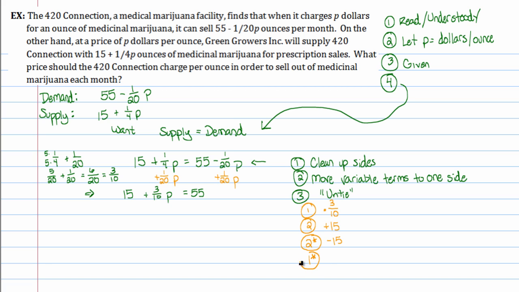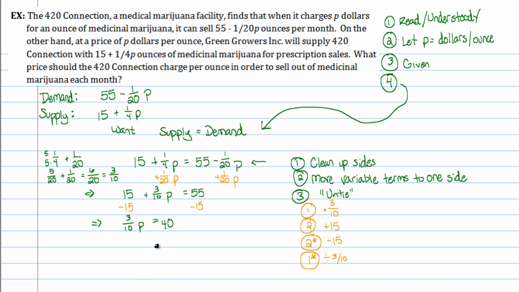And then the step prior to that was multiplying by 3/10, so we're going to divide both sides by 3/10. Okay, so here we go. We'll subtract 15 from both sides first. And that will give us 3/10 p is equal to 40.